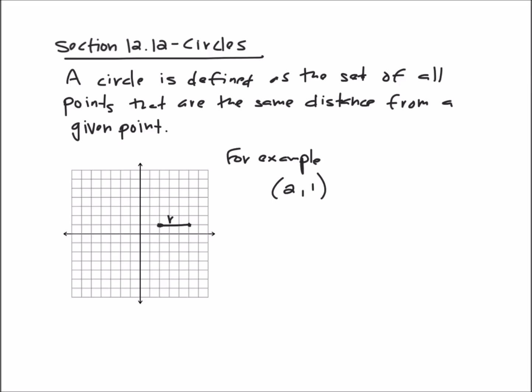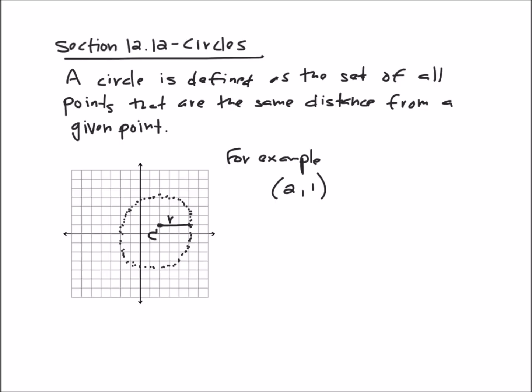Well, the circle is made up of all of the points that are that same distance away from our center. We'll call the center C. Okay, so if we plot out all of these points that are the same distance around, enough points would eventually make a solid line, and that is where the definition of our circle comes from.